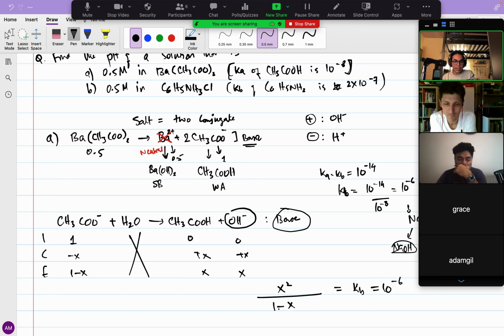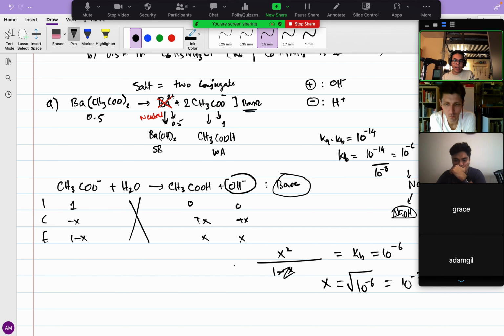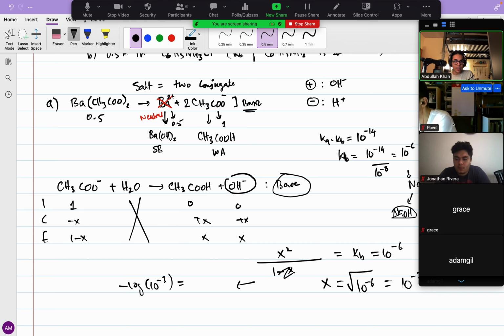Cool. Let's get rid of that. Small x approximation. x is the square root of 10 to the negative 6. If you do the math, it comes out to 10 to the negative 3. And so, if I take the negative log of 10 to the negative 3, what do I get, pH or pOH?